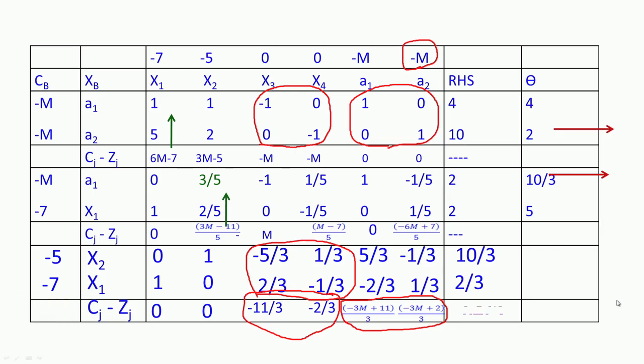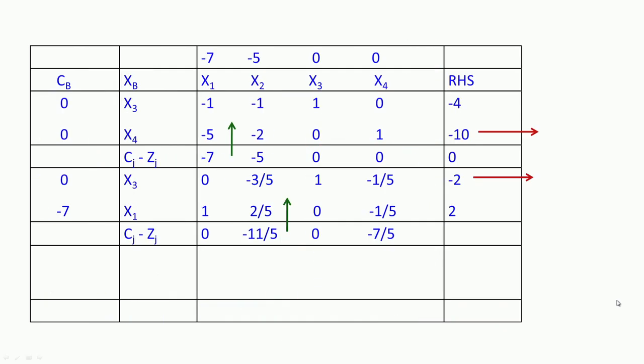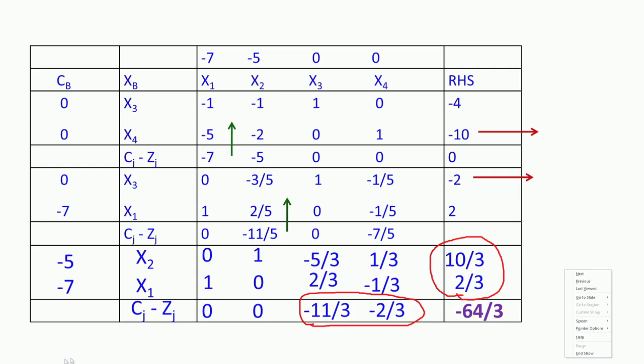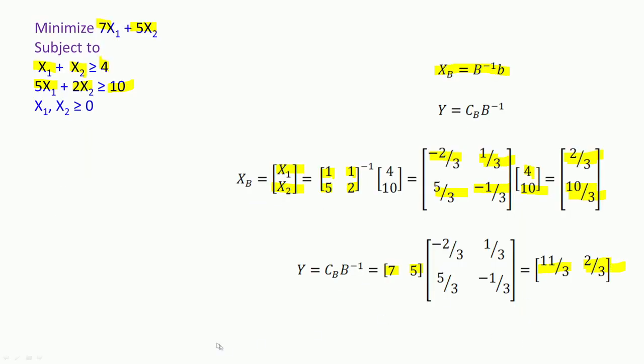We also show, for example, that if we did the dual simplex iteration for the same problem, we again see that the primal solution is 2 by 3, 10 by 3, and the dual solution is 11 by 3, 2 by 3.